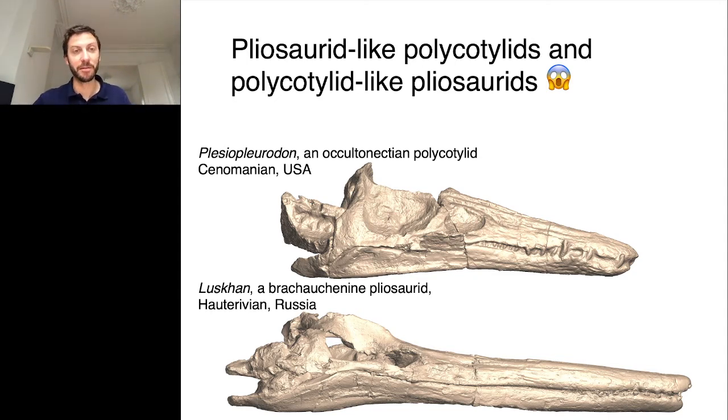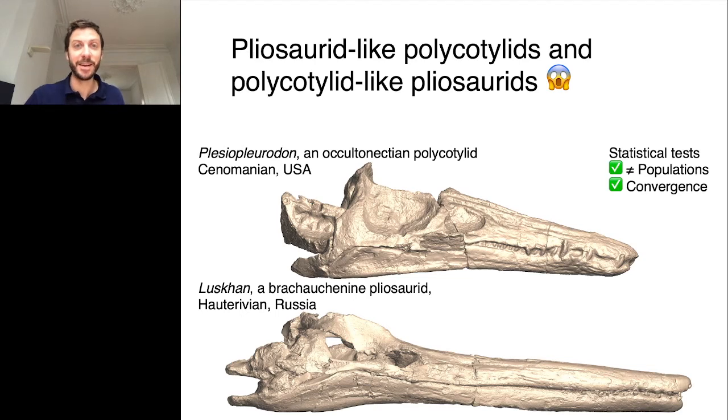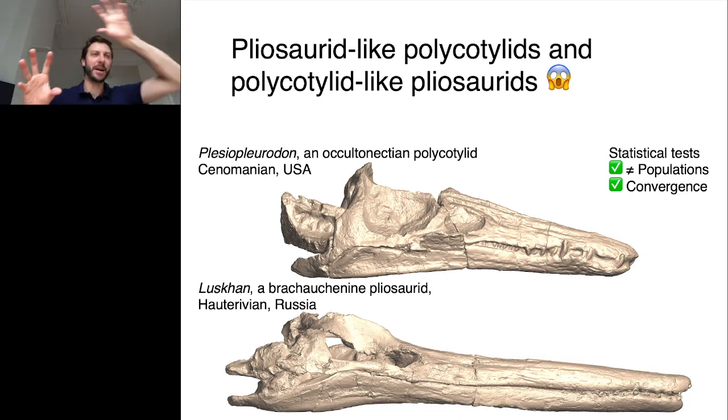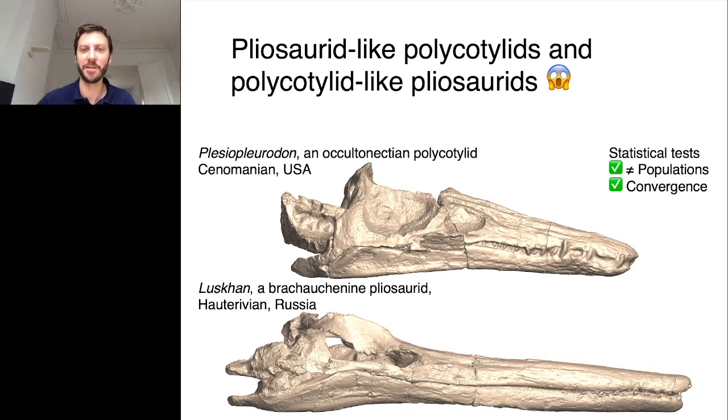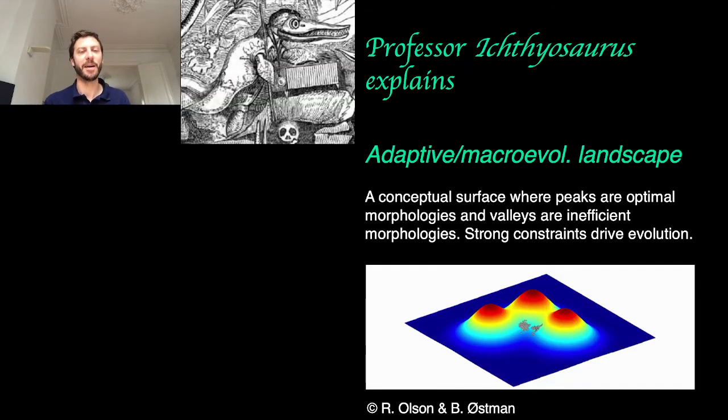We made a series of tests of these, and it's pretty clear that these are a case of very strong convergence among these forms. And because we have this separation, but also episodes of very strong and very clear convergence, with animals from one group going to the morphology of the other, this suggests that we have what we call an adaptive landscape there, or macroevolutionary landscape.